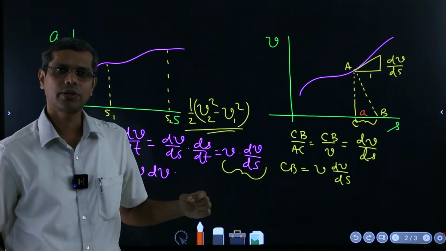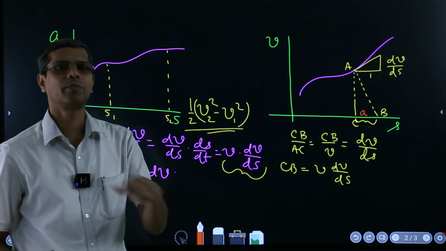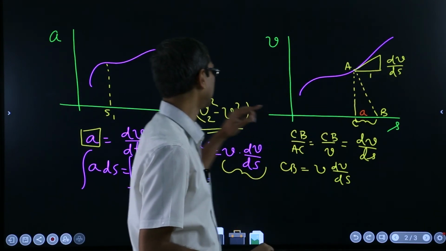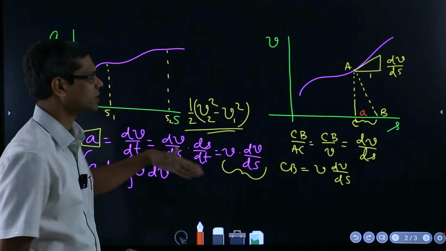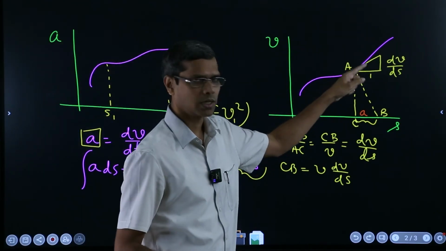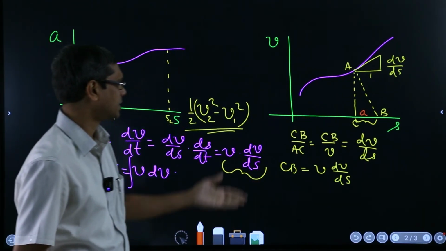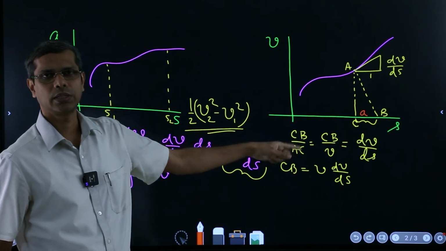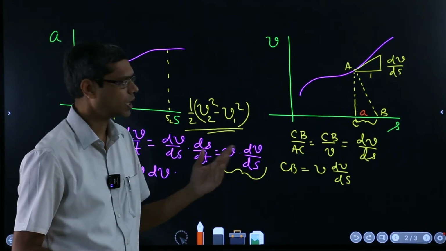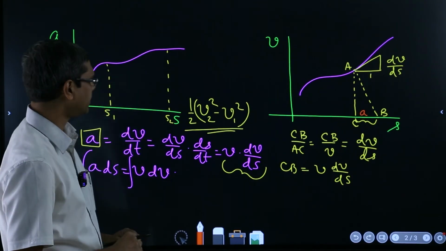You can only plot the experimental data. If you can plot experimental data of A versus s or v versus s, then directly from there, at every location, you can calculate the acceleration by drawing these curves.